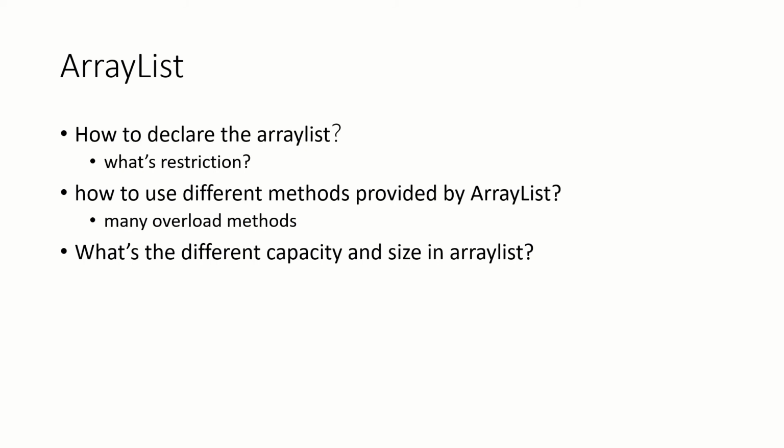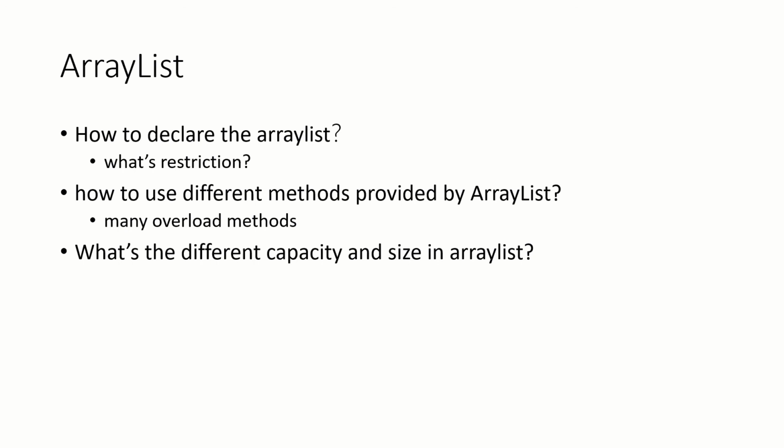Okay, I'll give an example. Say you want to host an event, and you need to hold it for 20 people. This is the capacity. But actually only 10 people are counted. This is the size.